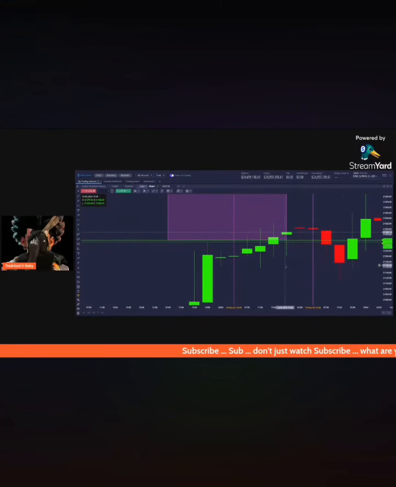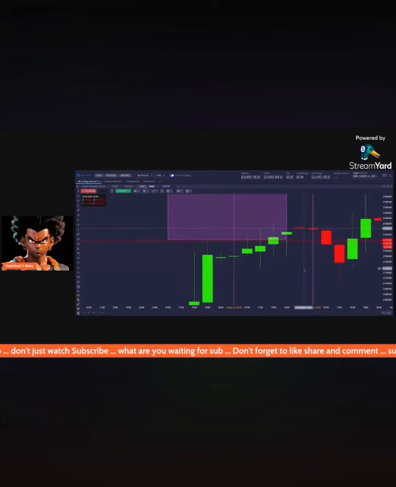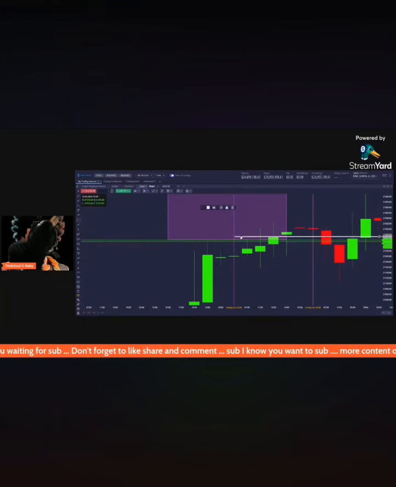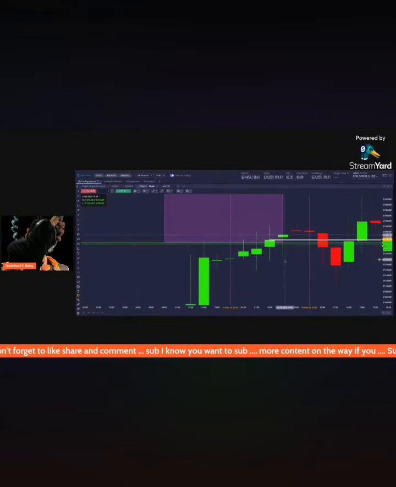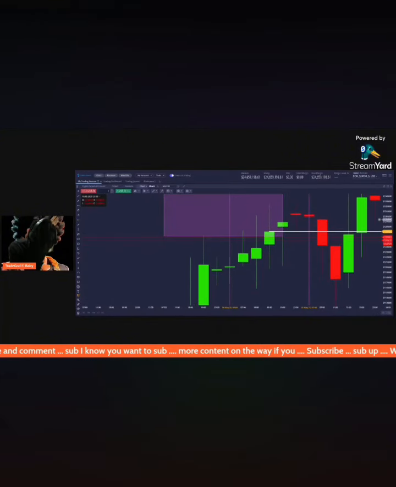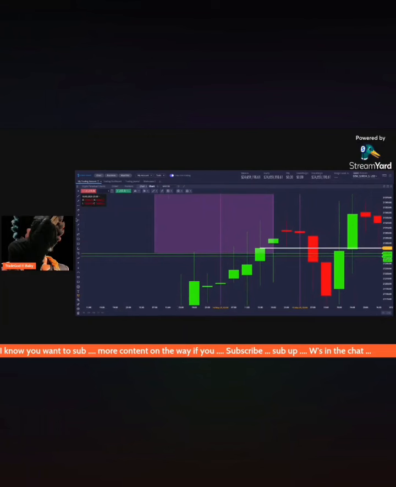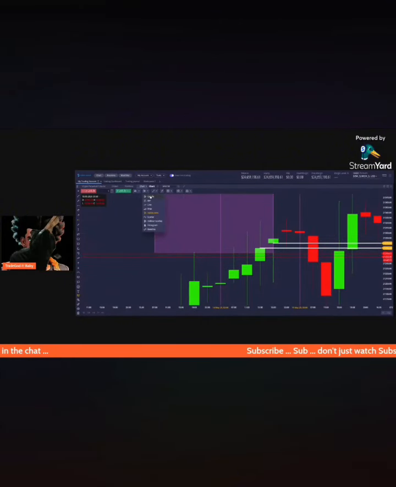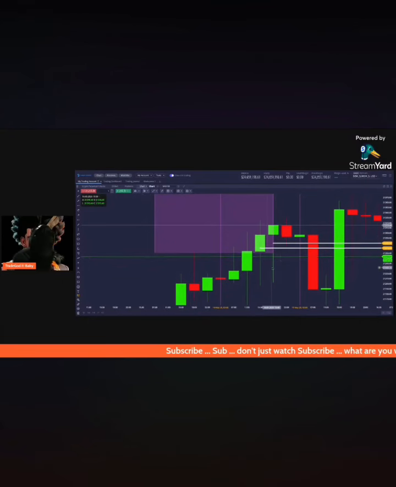For a high probability setup, I would have waited for the Heikin Ashi to enter into the zone. It did there. Opened in the zone right there. Then all I would have done is switch back to candles and wait for a close above in the zone.